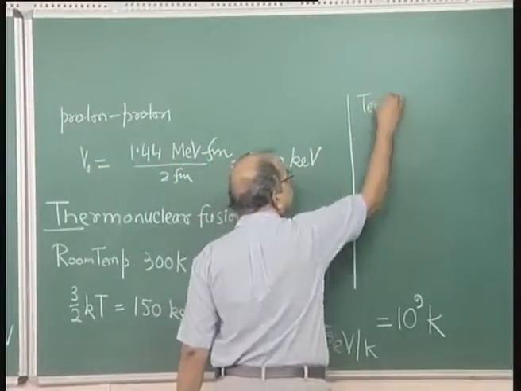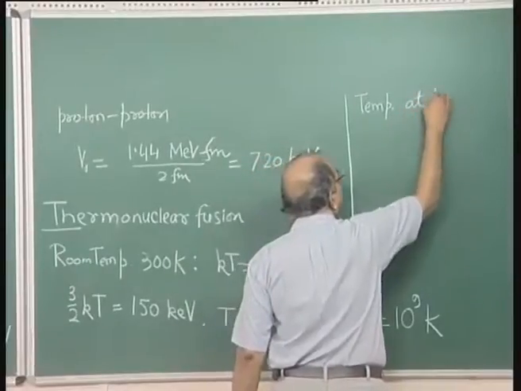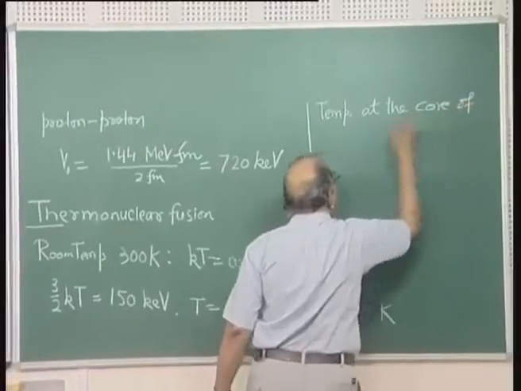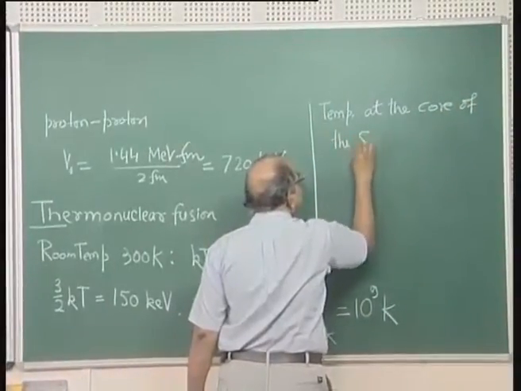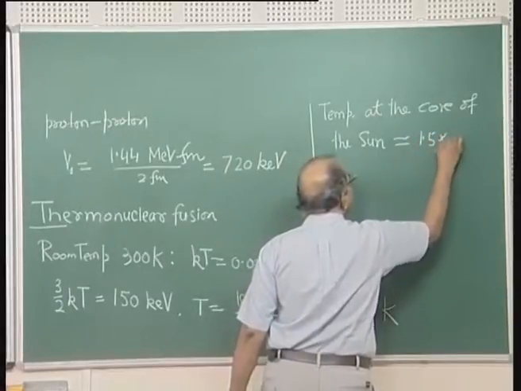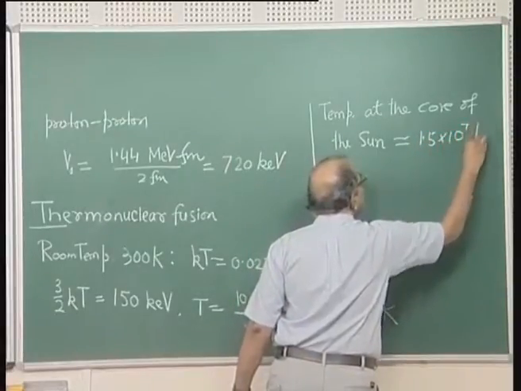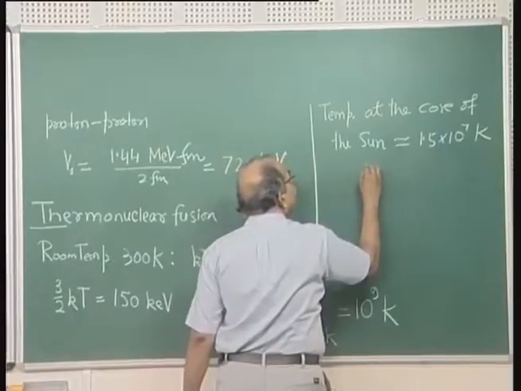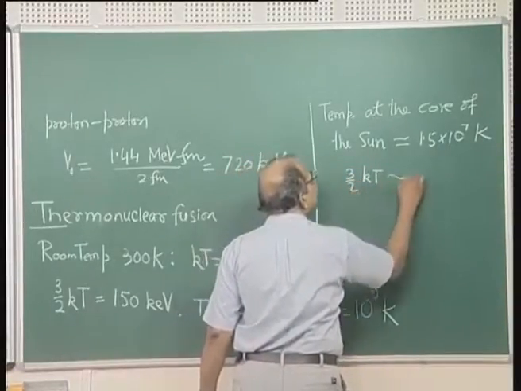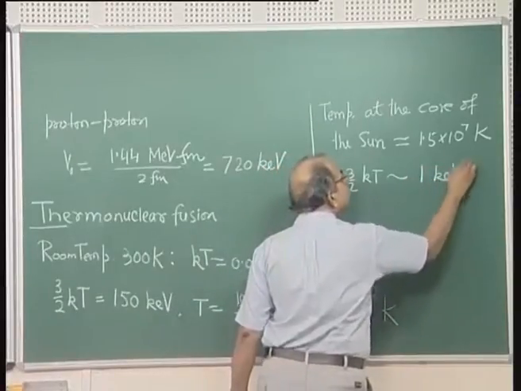The temperature at the core of the sun is 1.5 into 10 to the power 7 Kelvin, and if you look at that, 3 by 2 kT will be around 1 kilo electron volt.